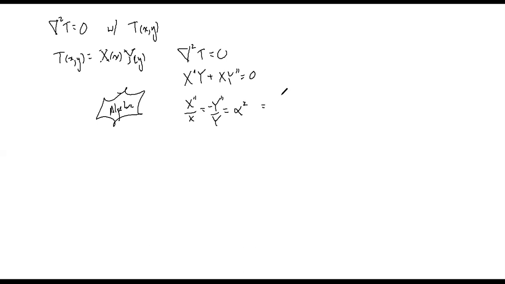So we get the 2 ordinary differential equations. X double prime equals alpha squared x, and capital Y double prime equals minus alpha squared y.